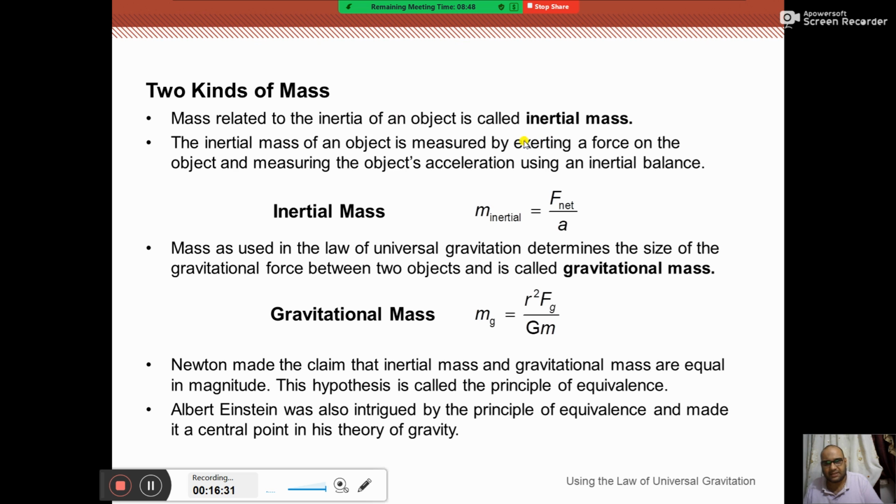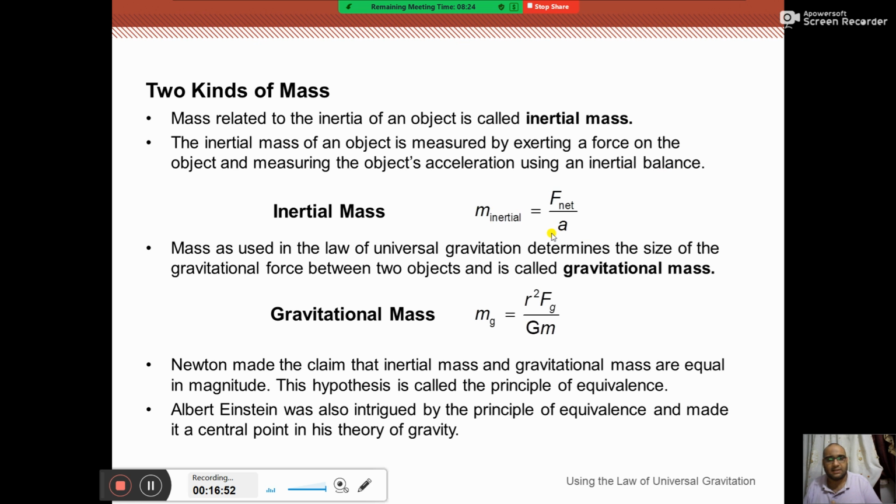We have two kinds of masses: inertial mass and gravitational mass. Inertial mass is the mass of an object measured by exerting a force on the object and measuring its acceleration using an inertial balance. Here we use Newton's second law of motion, with a net force applied and the acceleration of the object.